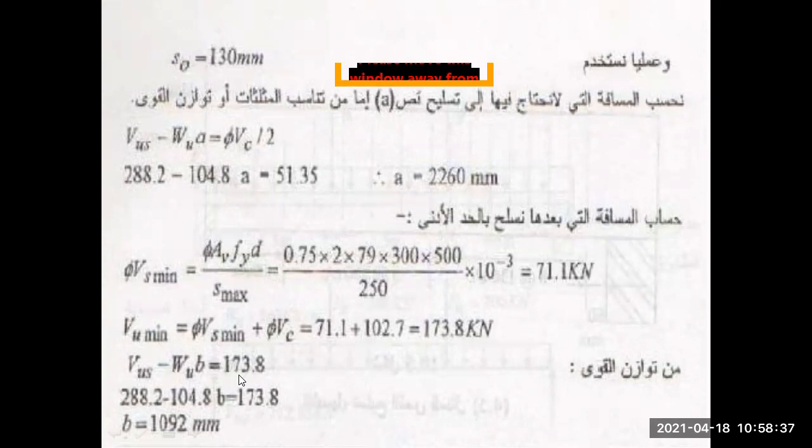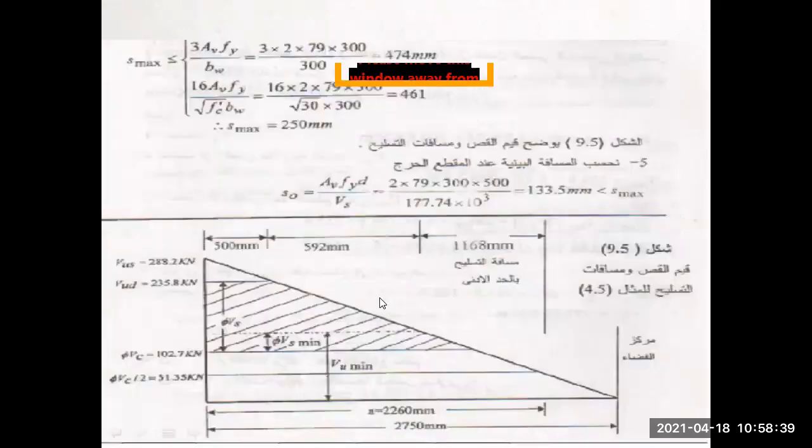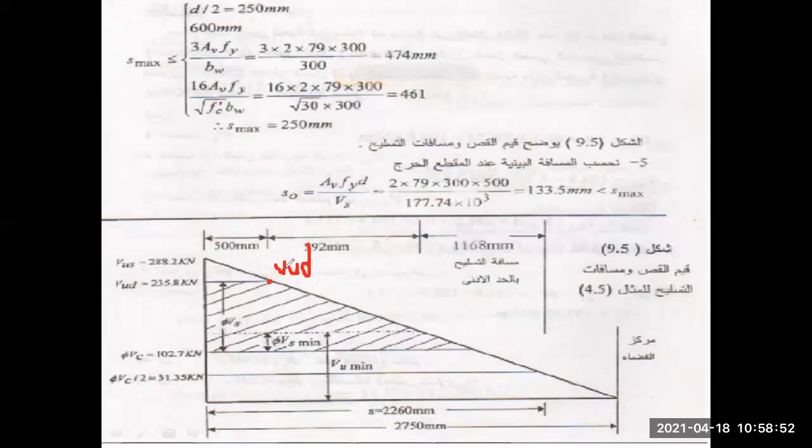There's another thing that I didn't mention to you: the first stirrup. We always design on the critical location, but it doesn't mean that there would be no shear reinforcement before the critical location.